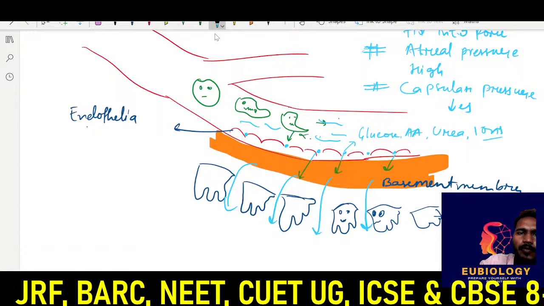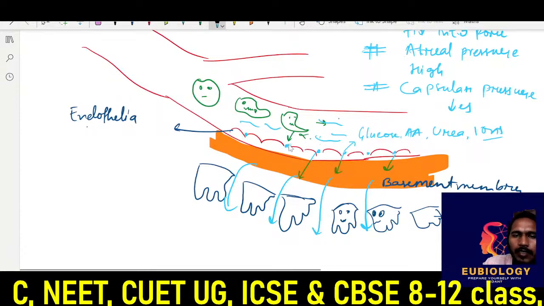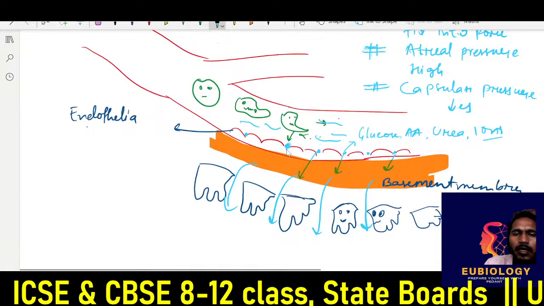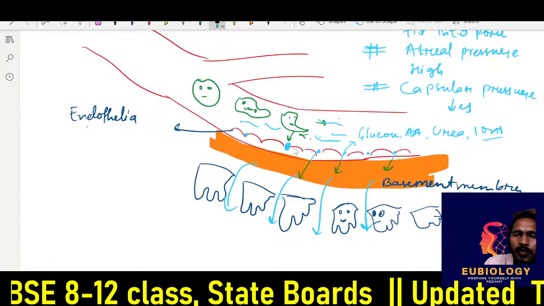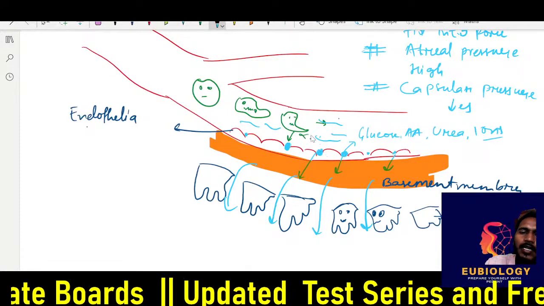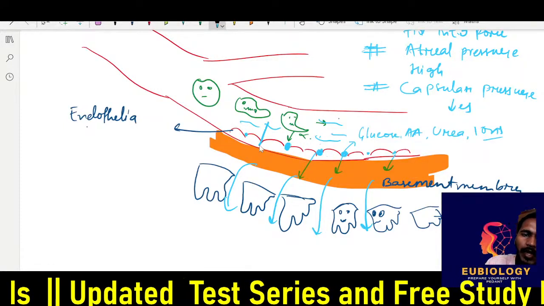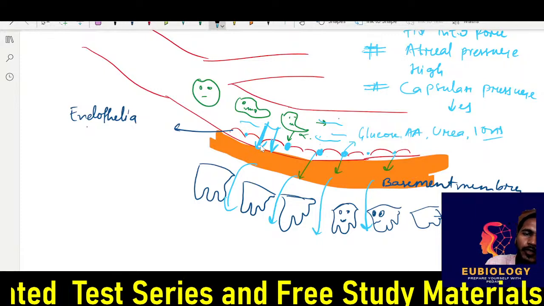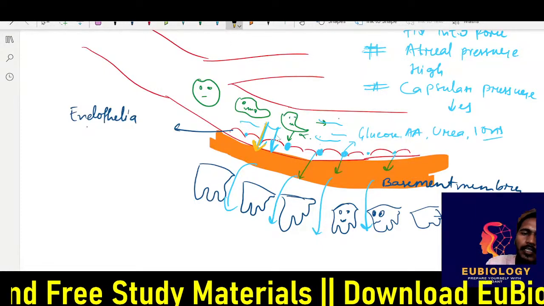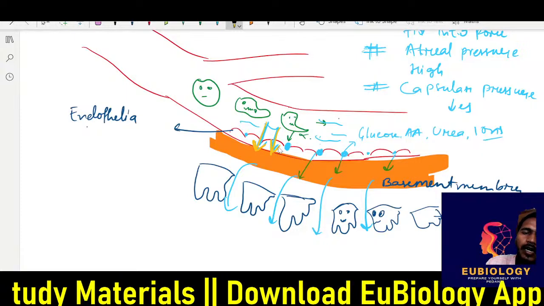If you want to push this particle into this, first it should fit into these gaps, what I am drawing here. Second, the pressure you apply on this side should be higher, that is the arterial pressure.